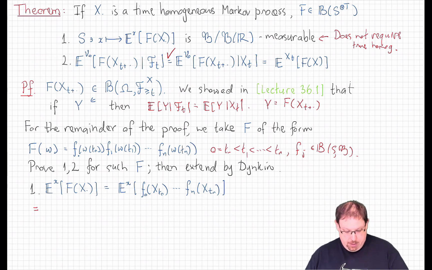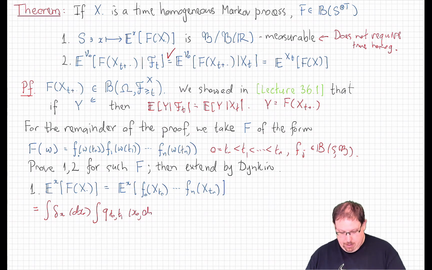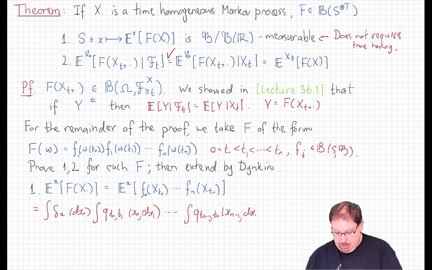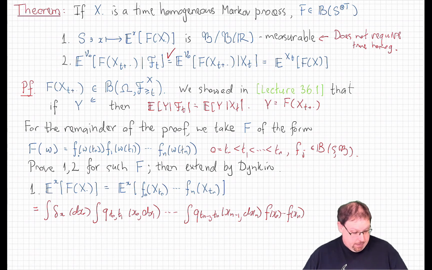So that's just the integral of the initial distribution in the x0 variable, and then we integrate transition kernel from time 0 up to time 1 of x0 dx1, down the line all the way to transition kernel of tn minus 1 up to tn, variable xn minus 1 dxn, of this function f at x0 up to f at xn.